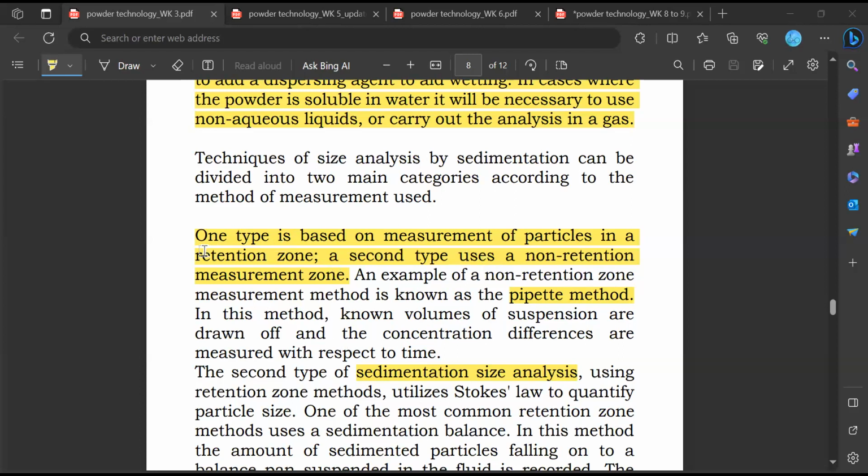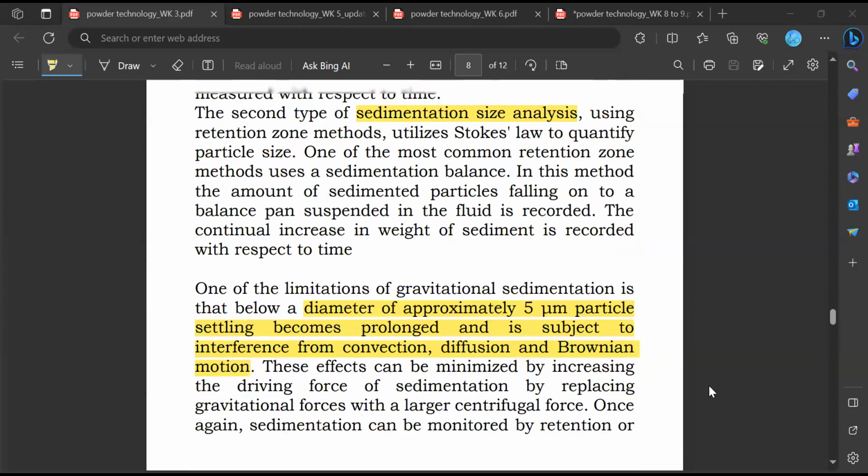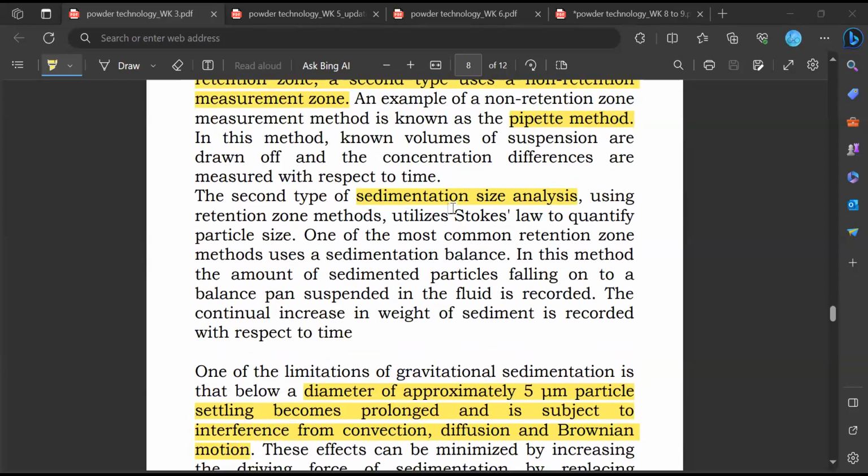Then the second type is the retention zone, where sediment size analysis is done using Stokes law to quantify the particle size. Over here, it's usually the sedimentation balance that's used.